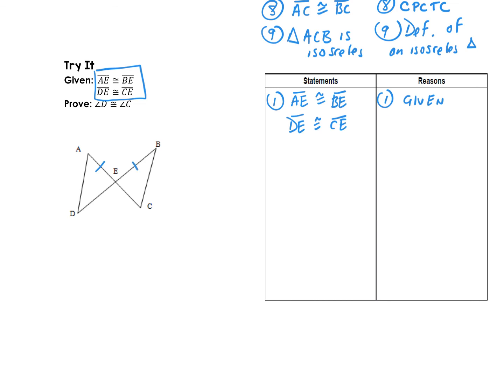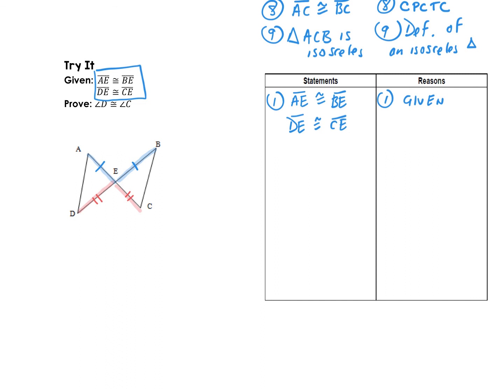AE and BE are those two segments, and I'm going to not only mark it with a tick mark, I'm going to highlight it, because this one is a little bit different. It's not really drawn to scale, okay? DE is this line segment, and we're told that it's congruent to CE. Again, I know they don't appear to be exactly the same, and let's just assume that that's the intention of the writer of this proof.